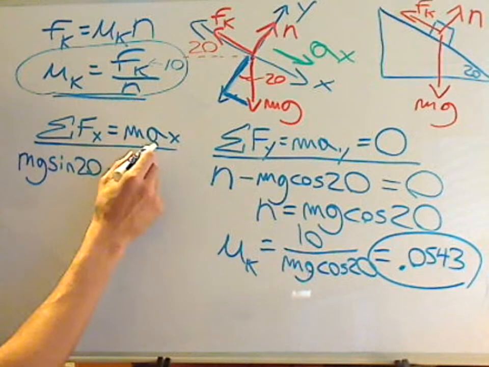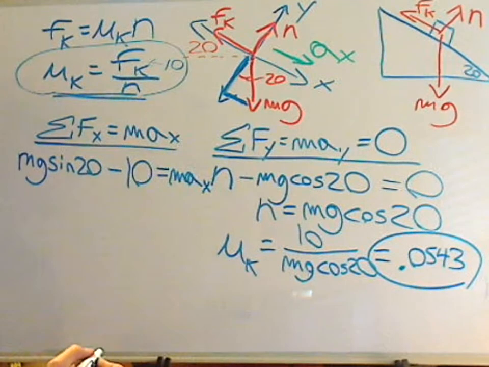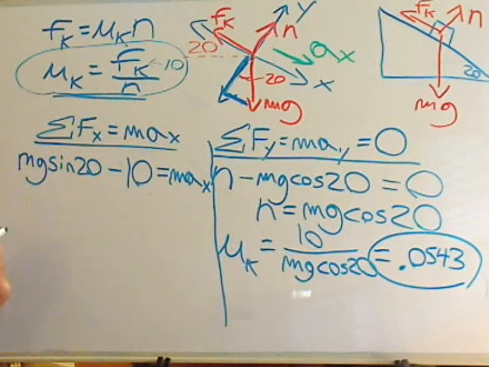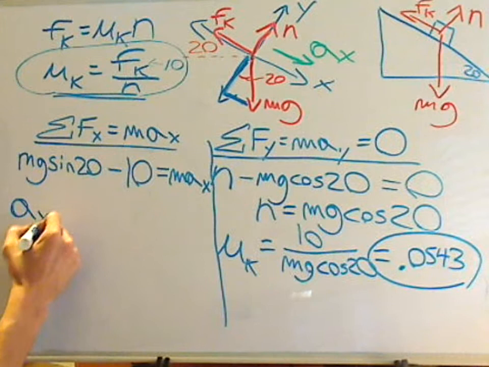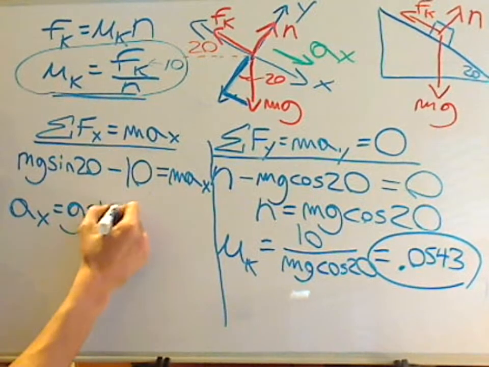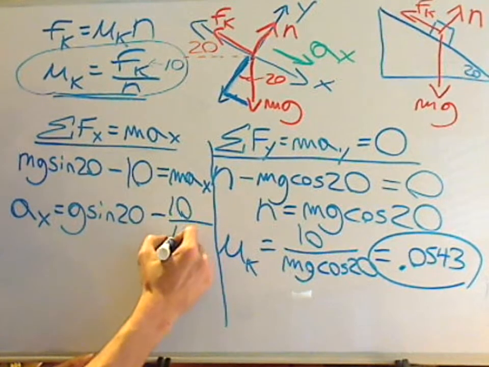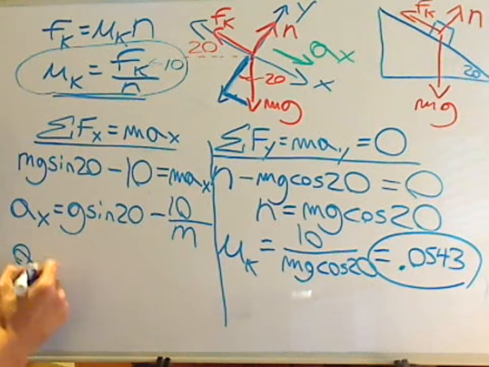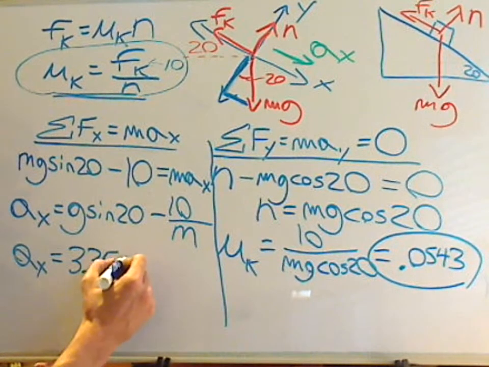And that has to add up to mass times acceleration. So this gives us the x acceleration. Divide both sides by m, and we find that the x acceleration is g sine 20 minus 10 newtons divided by mass. You plug the numbers in here. g sine 20 is 3.35 meters per second squared.